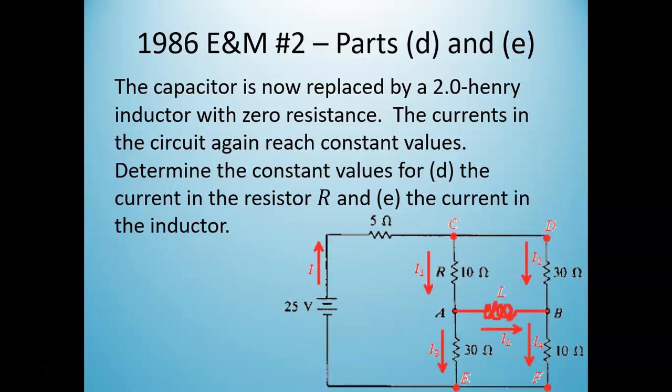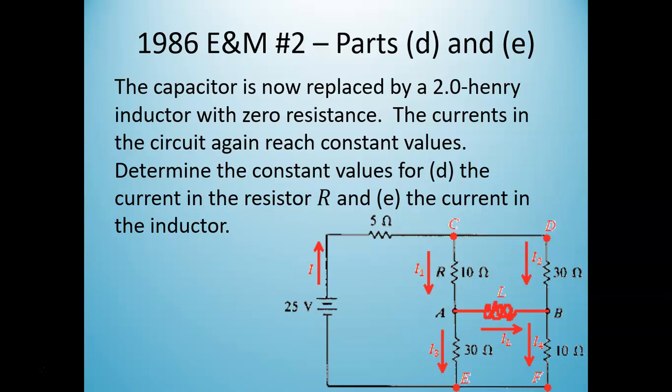So this is a different situation than in part A and in part B, because now, even though we've reached a constant value, well, part B was talking about a capacitor. When you've reached a constant value in a capacitor, the capacitor is filled up. There's no current going through it. But when you've reached a constant value, a steady state situation in an inductor, there is current going through the inductor.